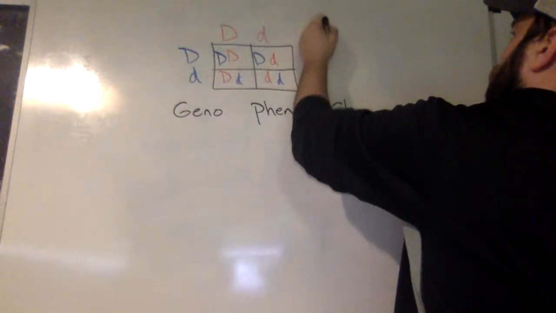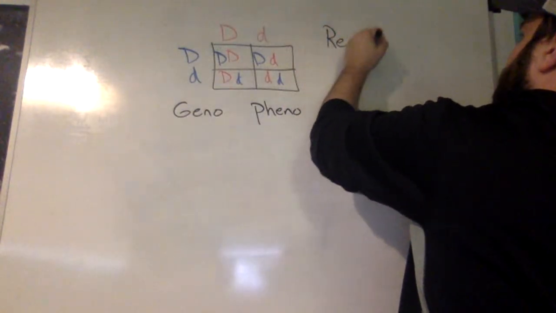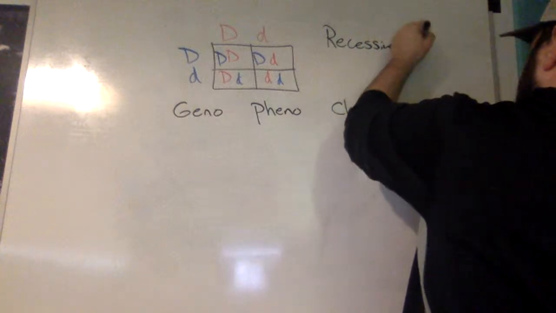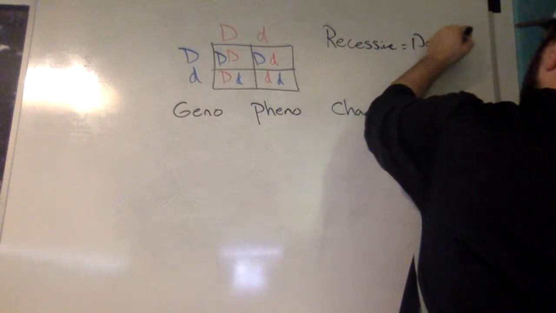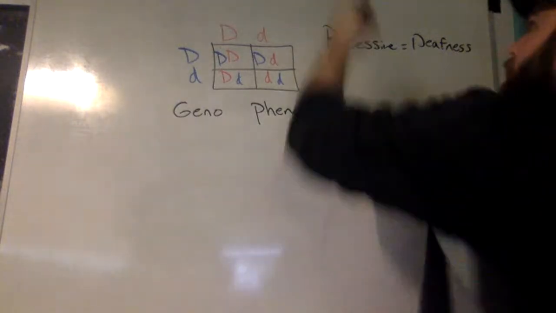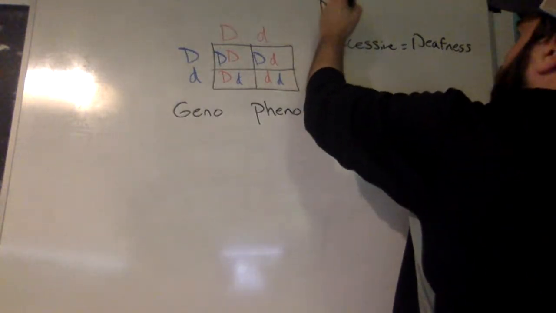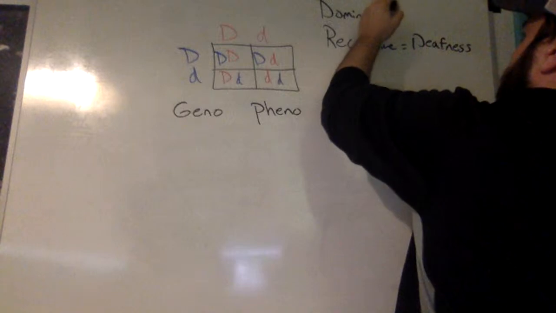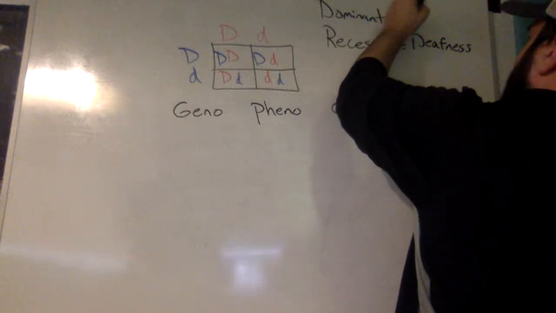So we'll do recessive equals deafness, and dominant, not deaf.